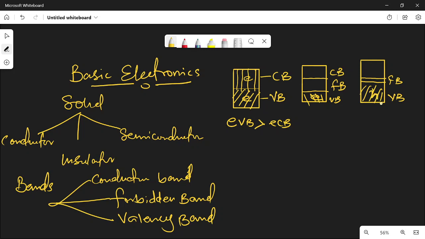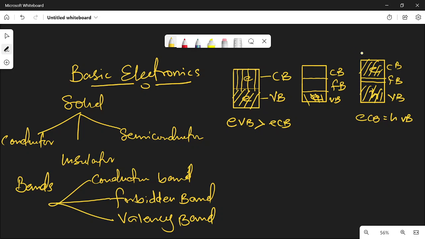They have holes in their valency band, and in their conduction band, they have what? Electrons. And the number of electrons in the conduction band for a semiconductor is the same as the number of holes that you have in the valency band. So that is, electrons in the conduction band are equal to the holes in the valency band.